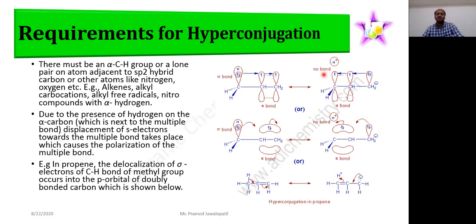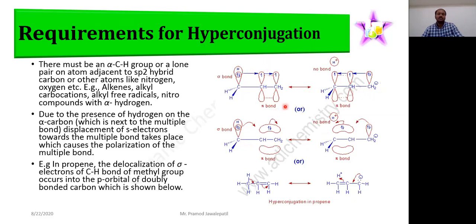See, all these are examples. Your idea of hyperconjugation will be clear, how a sigma pair of electrons goes into conjugation with the pi bonded system or empty p orbital. See in this diagram, this pair of electrons goes into the p orbital of the pi bonded carbon atoms, and this process is vice versa.